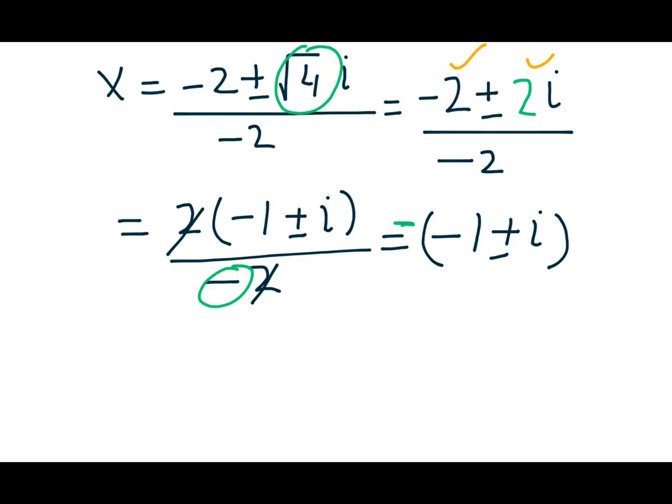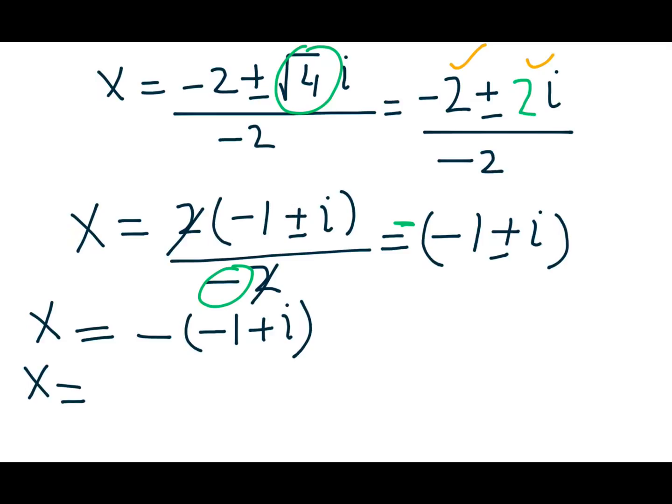Now we can write both solutions of x. So x equals minus 1 plus i, and the other solution is x equals minus 1 minus i, and we can simplify both of those solutions further.